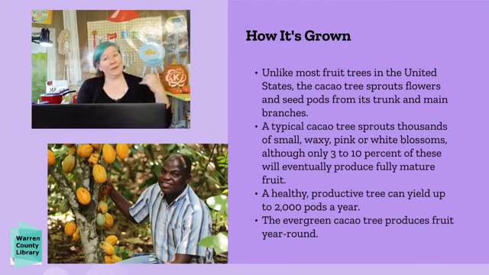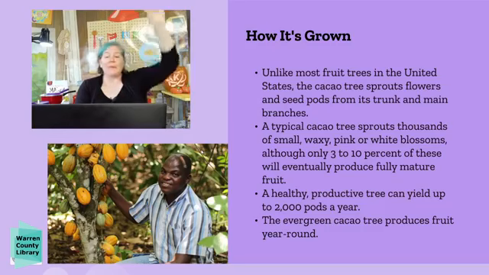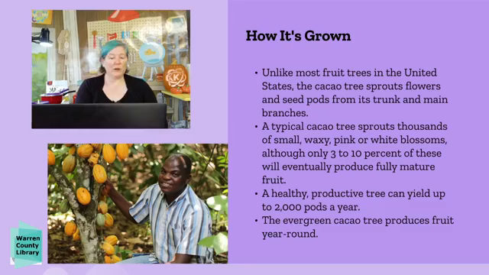Unlike fruit trees here, the cacao tree makes flowers and seeds all year long. It doesn't grow from the top down. As you can see here, the fruit actually comes right from the trunk, from the main branches, so they kind of grow all over the tree. They're very prolific, okay? A cacao tree sprouts thousands of pink or white blooms.